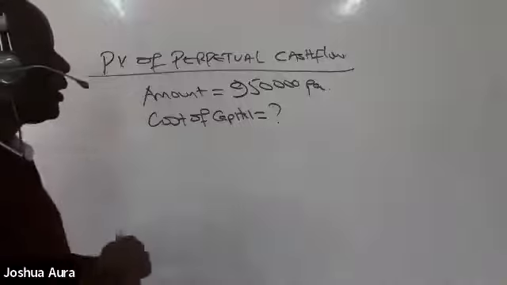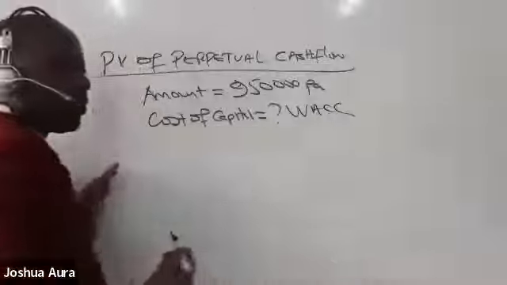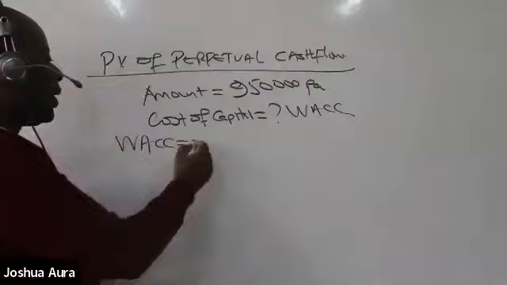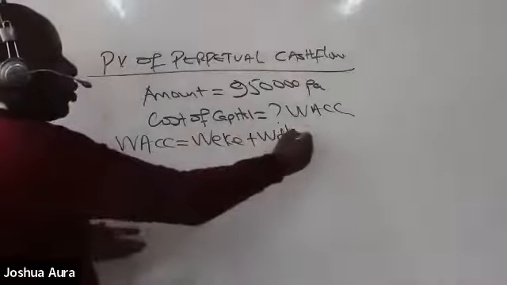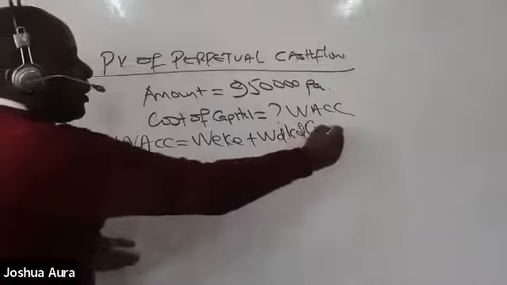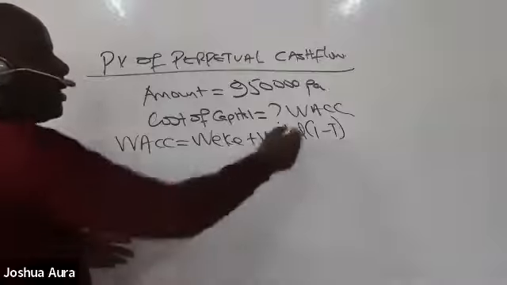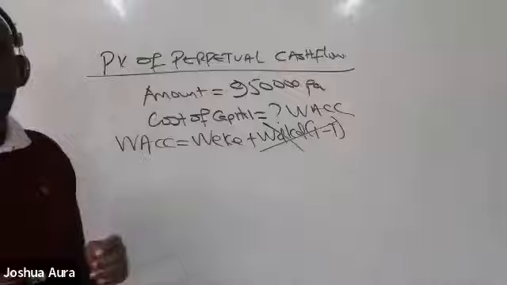And how do we calculate this? We know that this should be the WACC. WACC will be weight of equity times cost of equity, plus weight of debt times cost of debt after tax. This will not be there in our equation. Why am I canceling this?